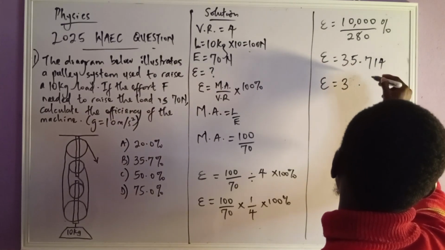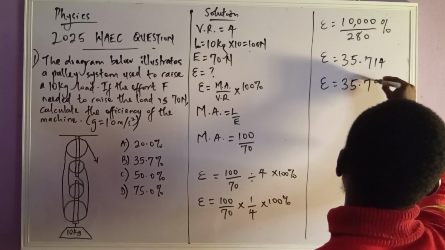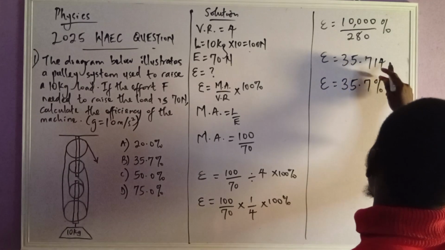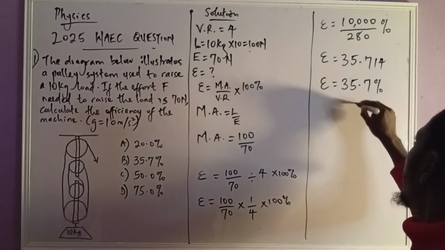So the answer is 35.7%. So the correct option is B, option B.